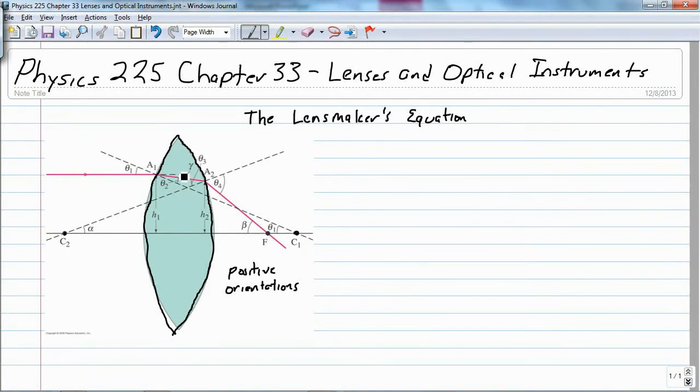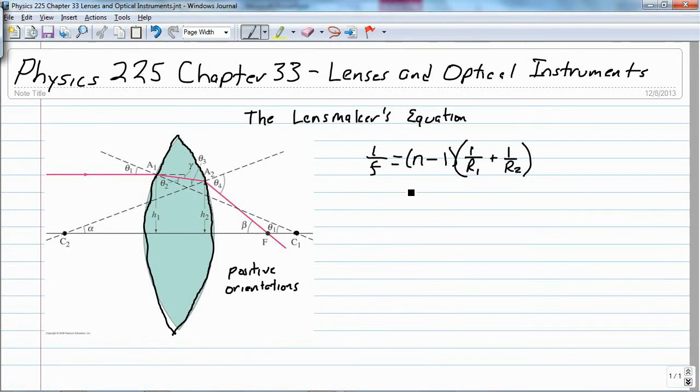And what you have is, based on this configuration, the reciprocal of the focal length is equal to the refractive index of the lens material minus 1 times the addition of the reciprocals of each of the radius, the sum of the radius.